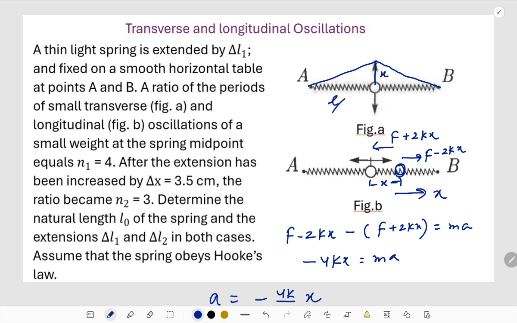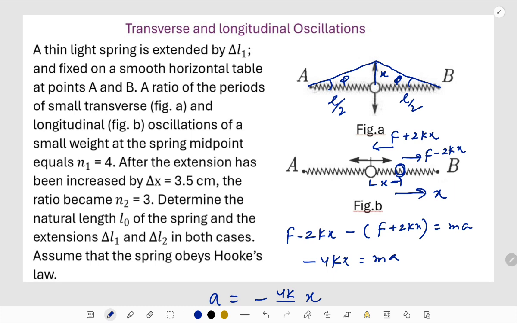Suppose that the spring was already extended, and I took the extended length of the spring as L, and L is simply L0 plus delta L1 and nothing else, though I don't need this right now, so I'm not going to discuss it any further. This length is L by 2 and this length is also L by 2. Suppose that this angle is phi, so this angle will also be phi, and both the springs have spring constants equal to 2k.